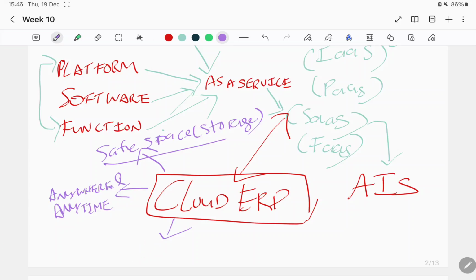Cost saver, right? Save cost. Okay. Save cost in terms of what? You need to be specific. In terms of maintaining the hardware.